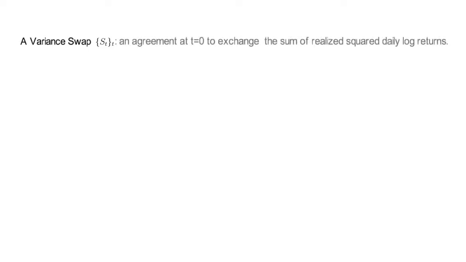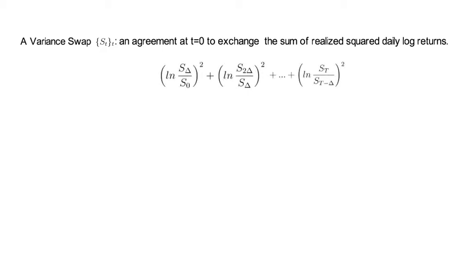So let's introduce a special contract on S_t, namely a variance swap. A variance swap is an agreement as of today, which we denote as t equals 0, to exchange the sum of realized squared daily log returns up to maturity capital T. So mathematically, that is the payoff that we exchange, where the delta is, in most contracts, 1 day.